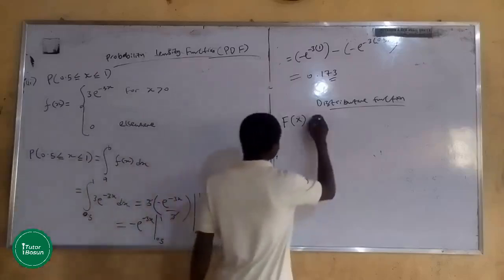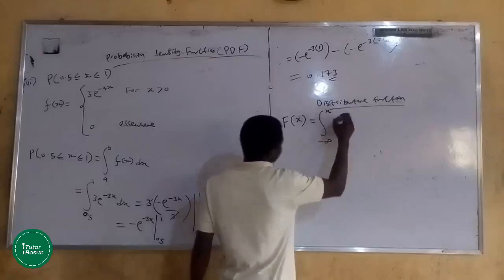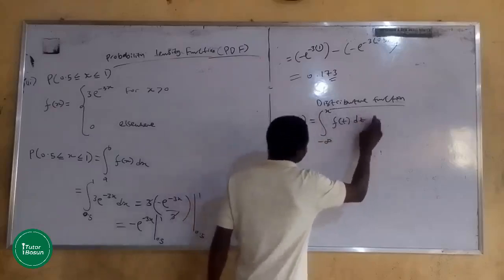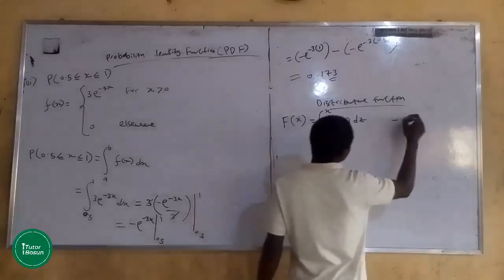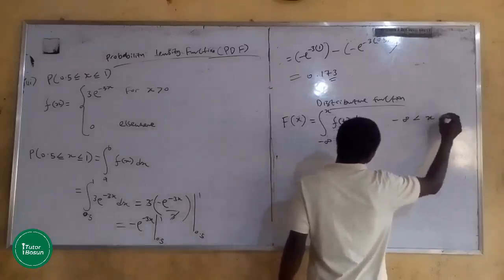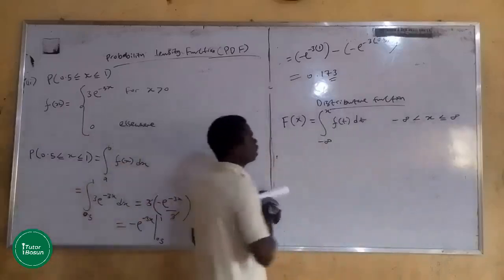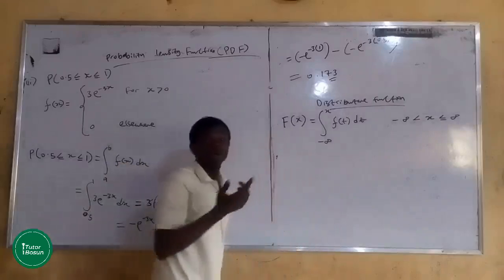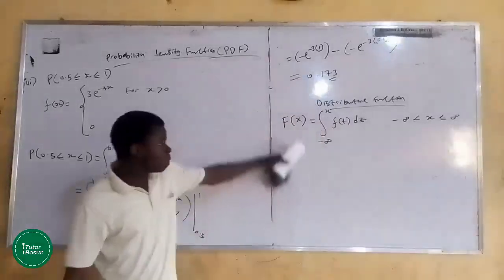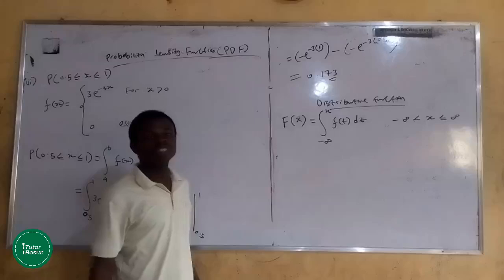So capital F equals the integral from minus infinity to x of f of t dt, where minus infinity is less than x less than infinity. Just like your cumulative function for a probability function is a summation of f of t, here it is the integral from minus infinity to x of f of t dt.